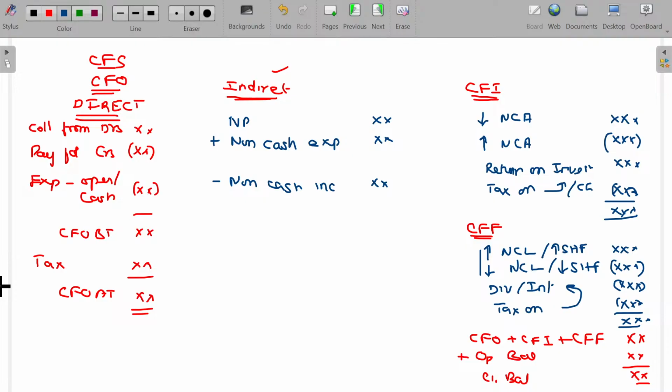So those things are not my intentional business operations. So in those cases, those things also should be removed. Not only non-cash, sometimes non-operating expenses debited should be removed, as well as non-operating income should also be removed. This will be added, this will be subtracted.